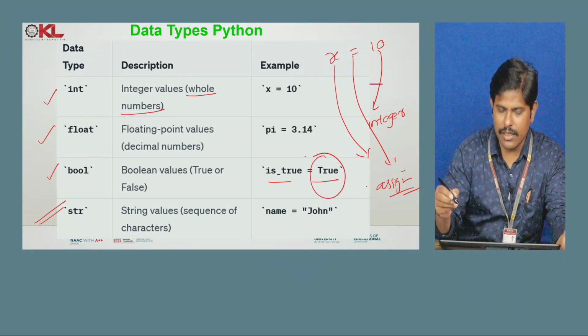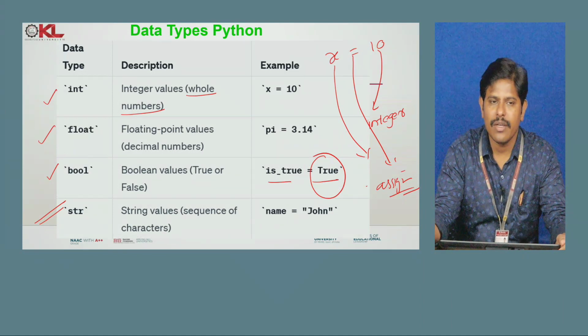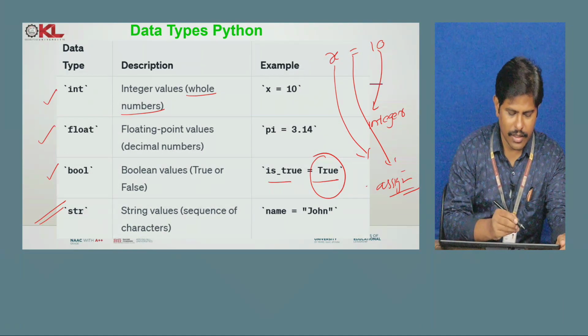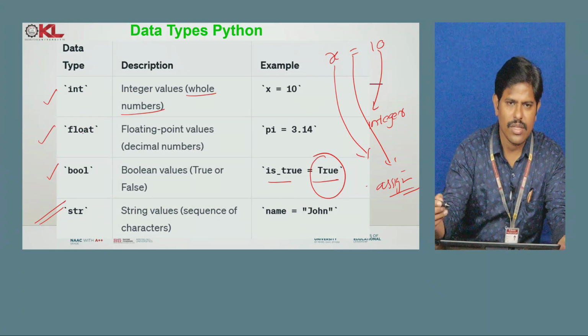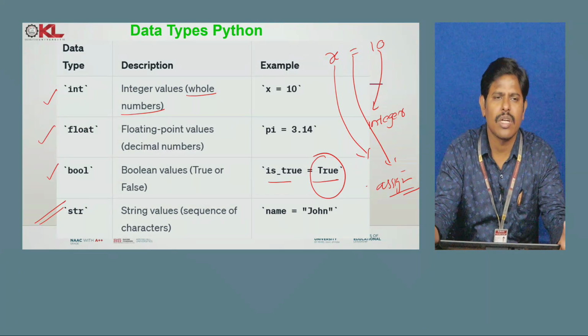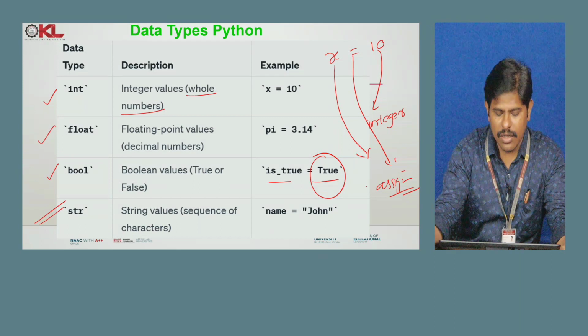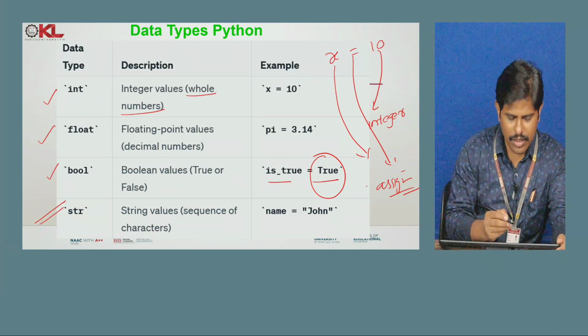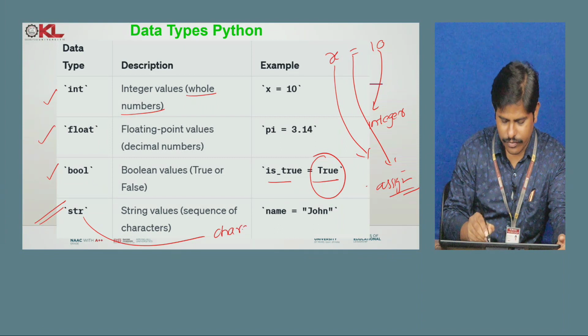That indicates the statement is true, and it is a boolean data type here. Integer, floating point, and boolean are present in all programming languages, irrespective of very high level or lower level.